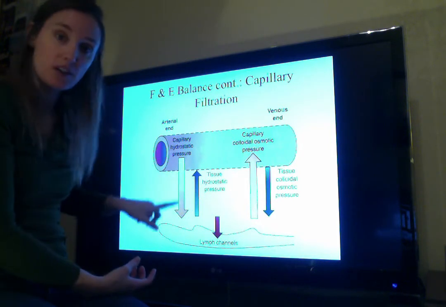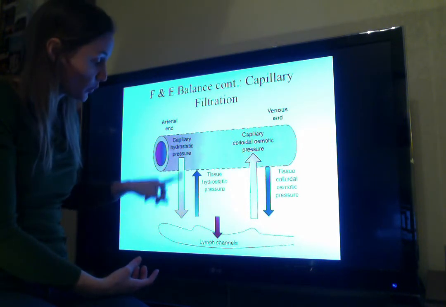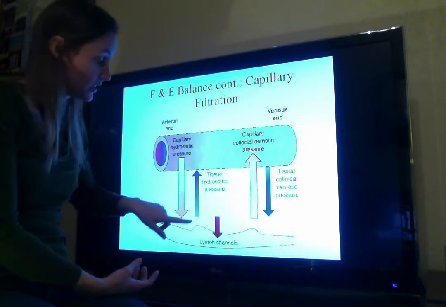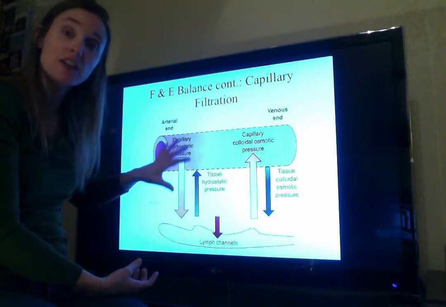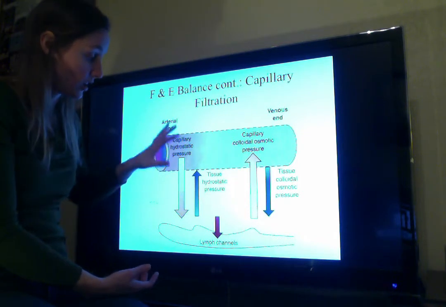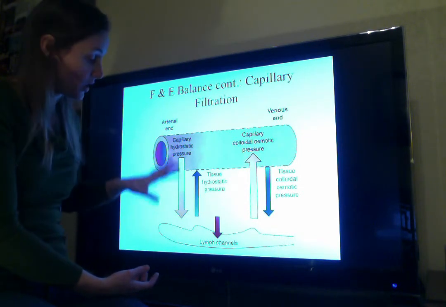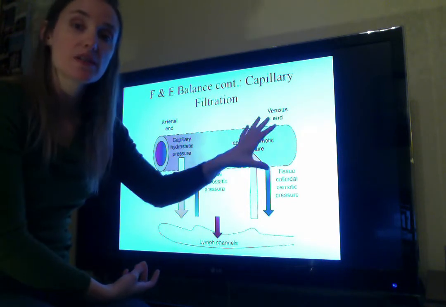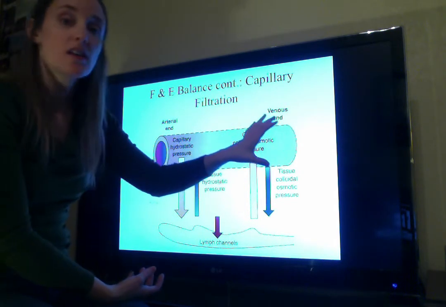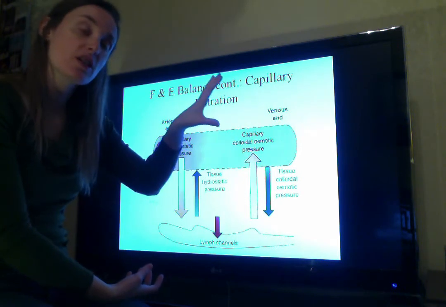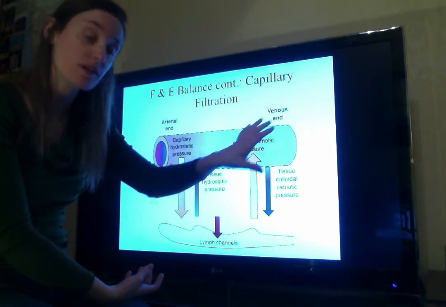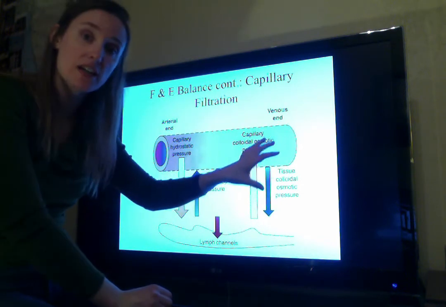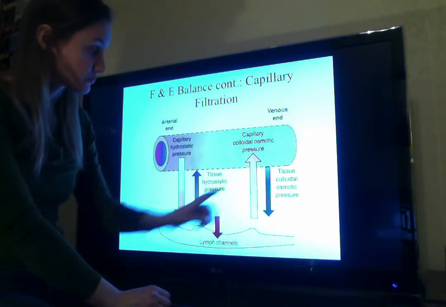But you'll notice this arrow is bigger here, so the pressure from the fluid in the capillaries overwhelms the fluid in the tissues, and so you're going to have a net gain of fluid going into the tissue on the arterial side. But when we go into the venous side, that hydrostatic pressure is no longer as strong as the tissue pressure, so we're not going to get that hydrostatic push as much.